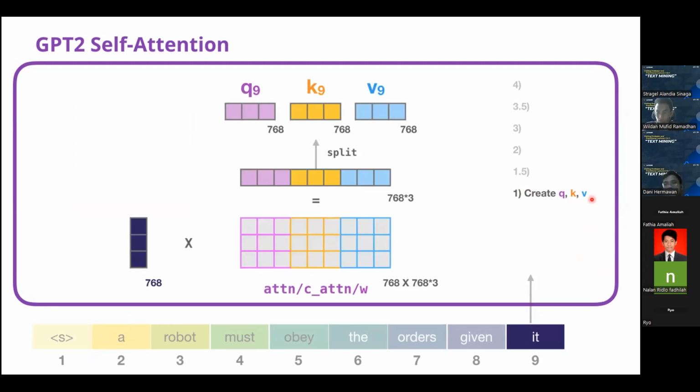GPT-2 uses 3 matrices to generate the query, key, and value vectors. So based on this, we can generate query, key, and value.